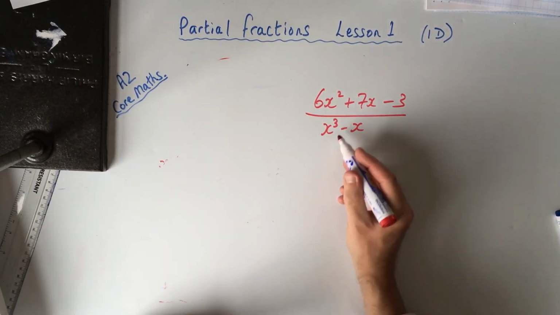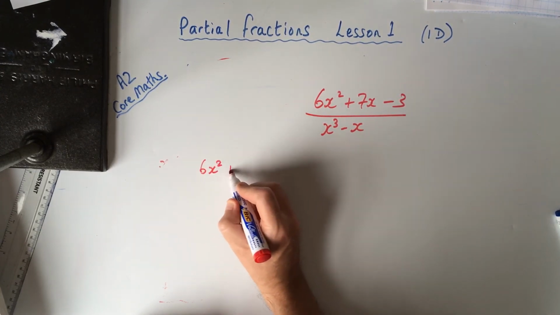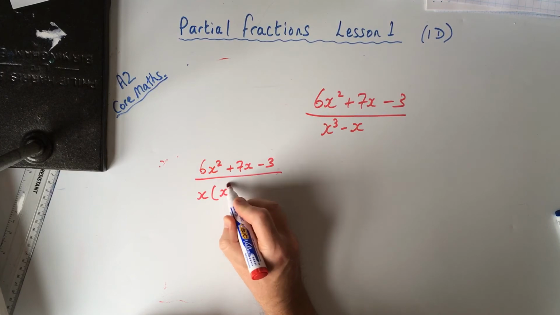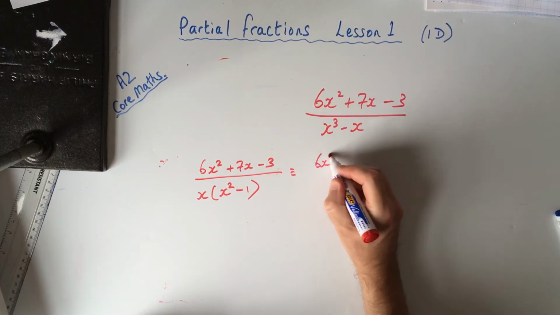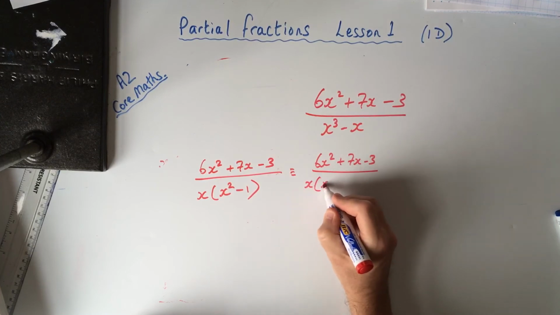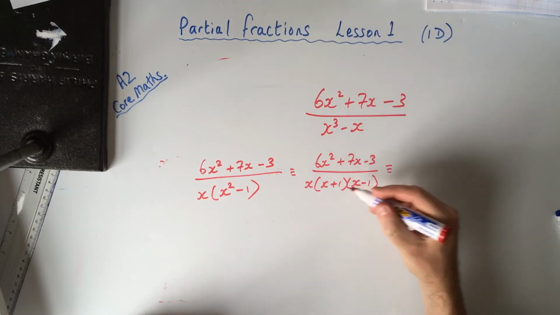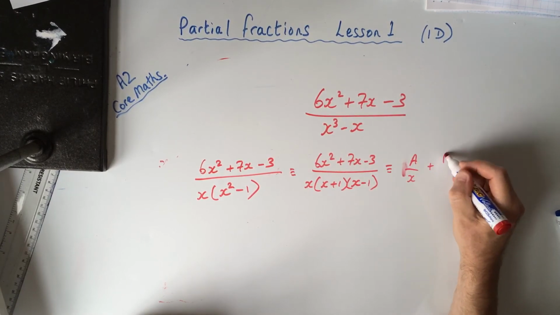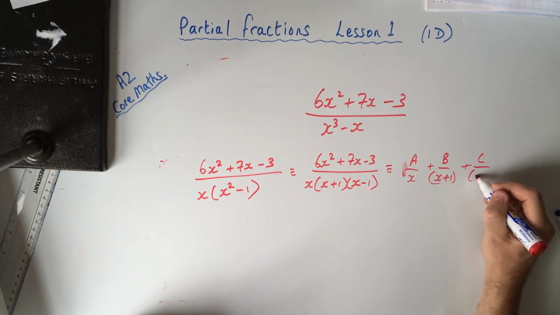Well, this bottom bit, if you factorise it and take out x, you're going to have 6x squared plus 7x minus 3 all over x times x squared minus 1, aren't you? And be careful, x squared minus 1 is, remember, x plus 1 times x minus 1. So there we go. So that is 3 partial fractions: a over x plus b over x plus 1 plus c over x minus 1.